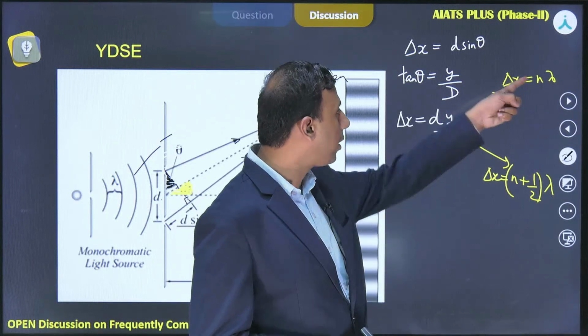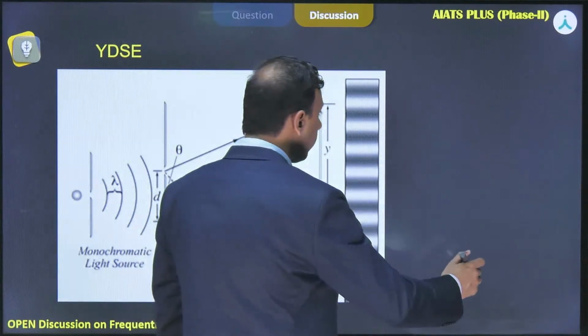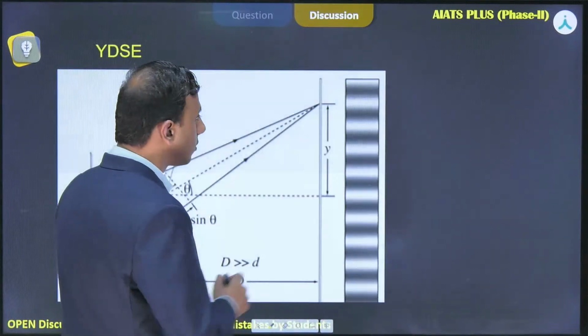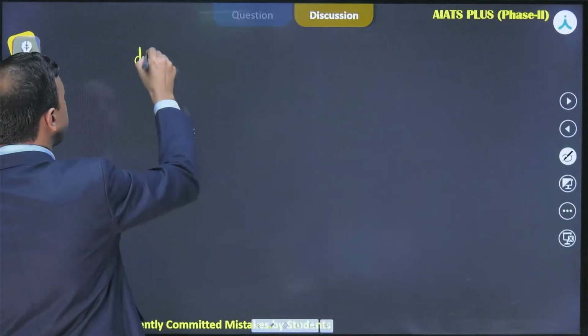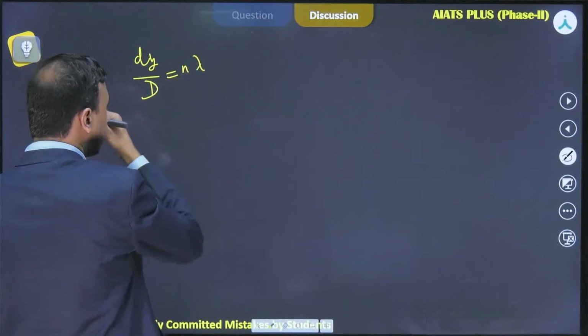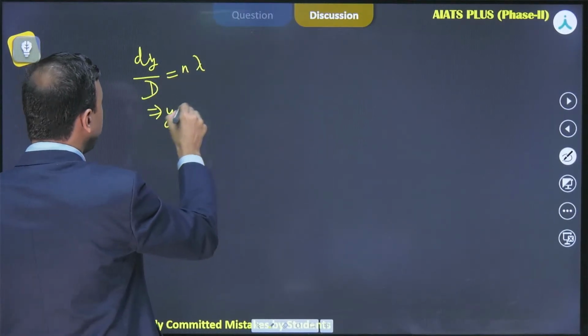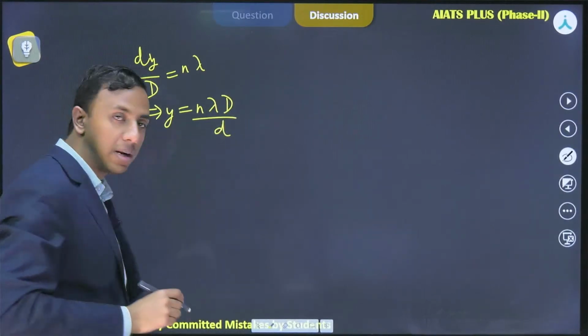If you equate them, you will get d y by capital D is equal to n lambda. So what would y become? y is equal to n lambda capital D by small d.